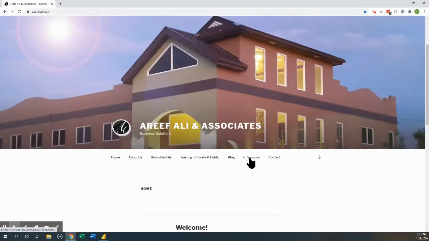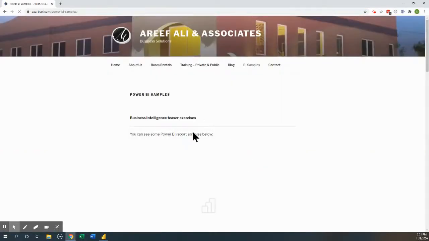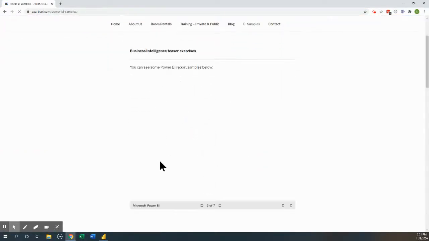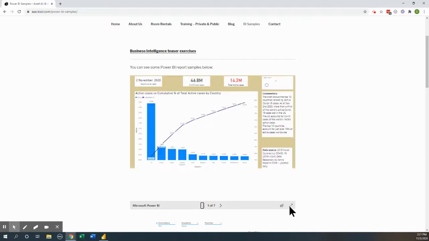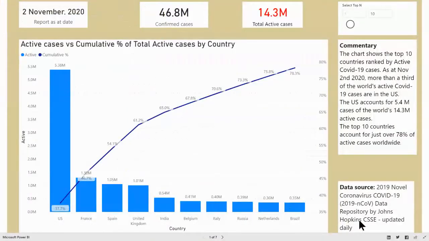So it's going to connect to BI samples, and the model will load here in the file. And from here, we just need to expand out the model here at the bottom.